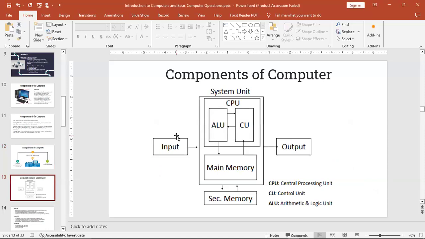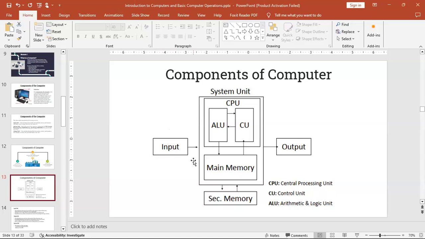Okay, now let's look at a more technical representation of the components of a computer. I see this is a diagram. We have the input unit. We said data is being sent into the computer for processing through the input unit, using input devices like the keyboard, mouse, scanner, and the mic.